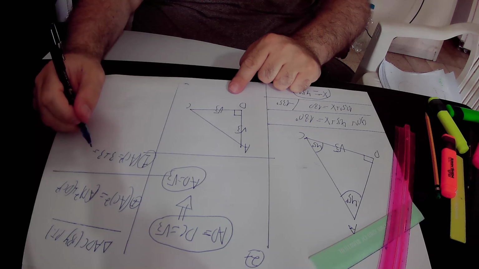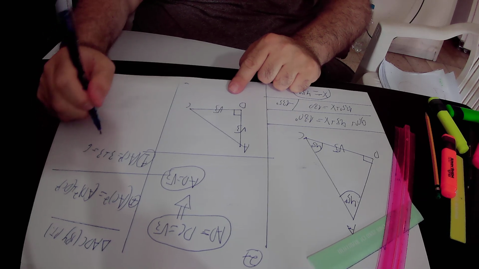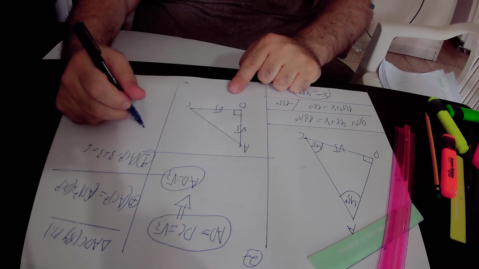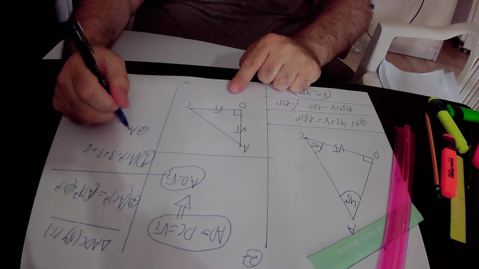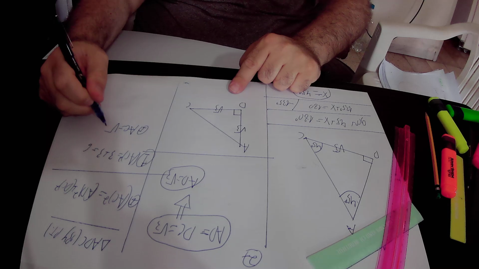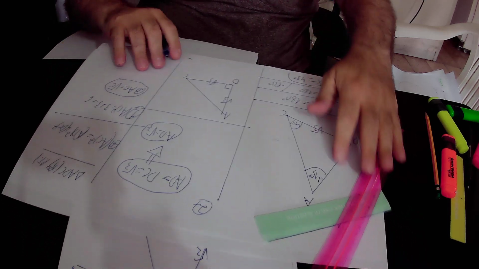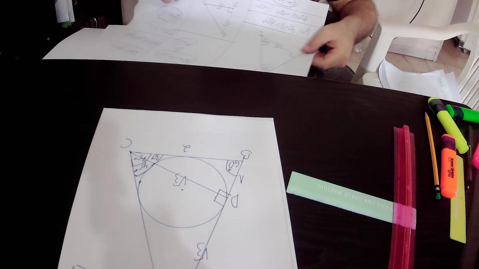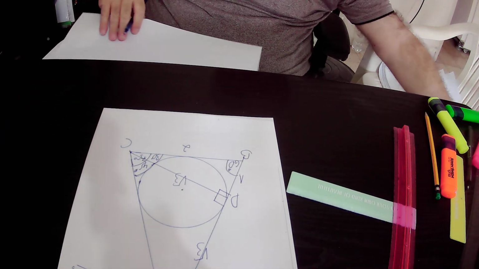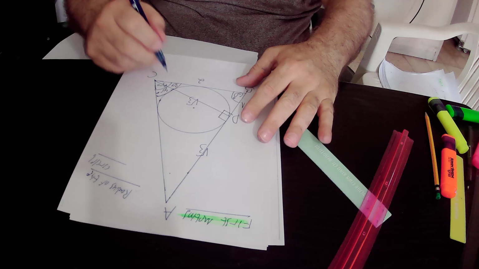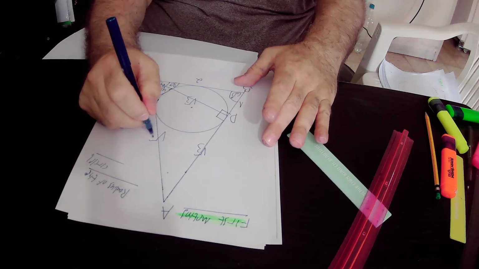So we found out that AC squared equals 3 plus 3, that is 6. Here we take the square root of this equation, and we get that AC equals the square root of 6. Here we found out that AC equals the square root of 6 units.